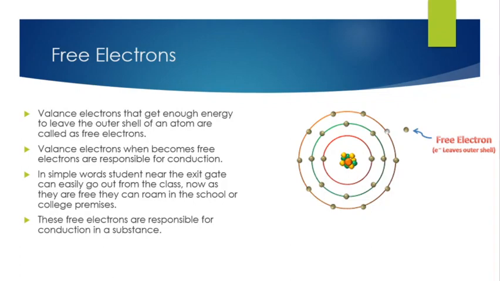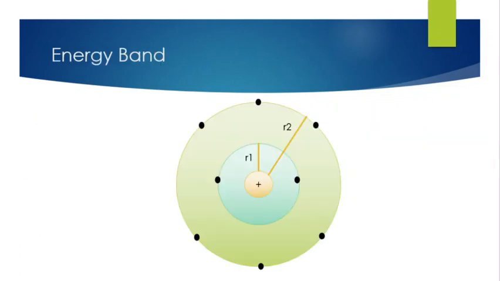So moving to our next term, energy band. We know what the structure of an atom is. The center of the atom contains the nucleus which is positively charged, and surrounding it there are different orbits or paths, and electrons revolve around those orbits.